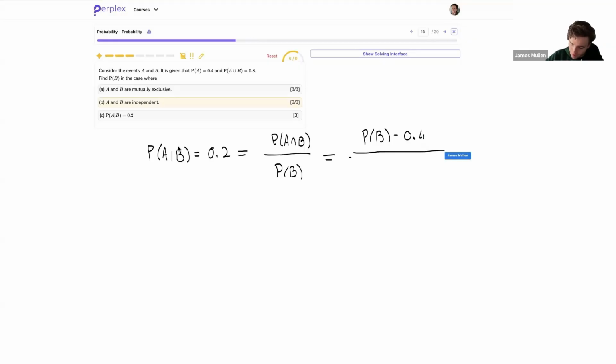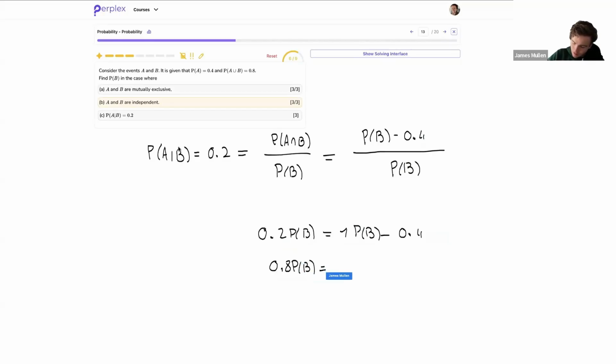And then this is divided by P of B. All right, so that means that 0.2 P of B is equal to 1 P of B minus 0.4. In other words, I have 0.8 P of B is equal to 0.4, so P of B is 1 over 2. That is my answer. P of B is 1 over 2.